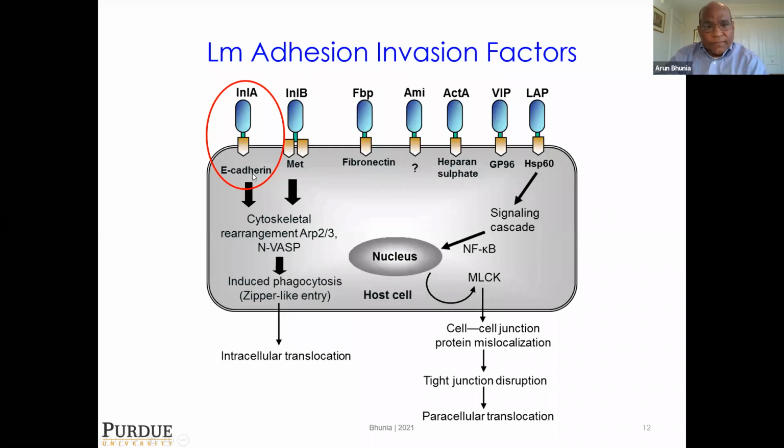But the problem is, E-cadherin is one of the major proteins in the adherens junction, which is not necessarily located on the luminal side where Listeria could interact. That creates some problem, but then they found a way to overcome it, how Listeria can use E-cadherin to invade host cells. And these are some of the other proteins that also participate in the interaction with the host cells. The other proteins are LAP and Hsp60, which I'm going to talk about a little later.